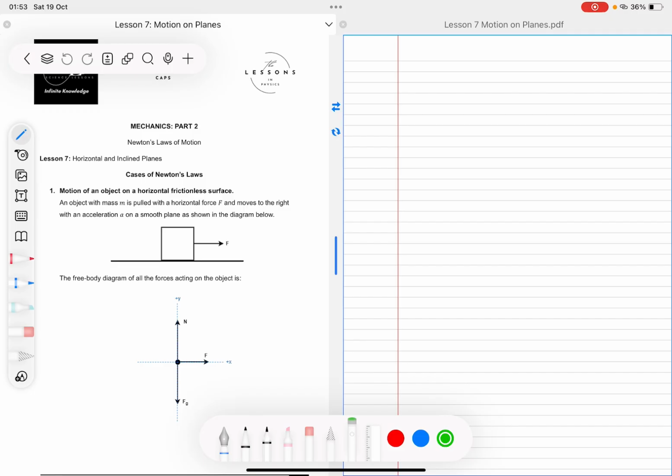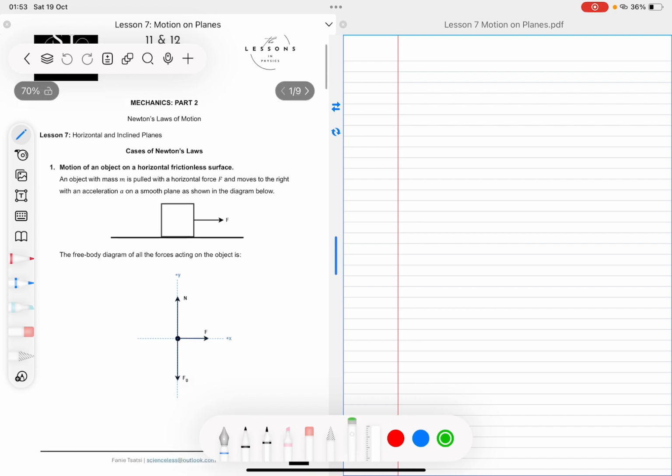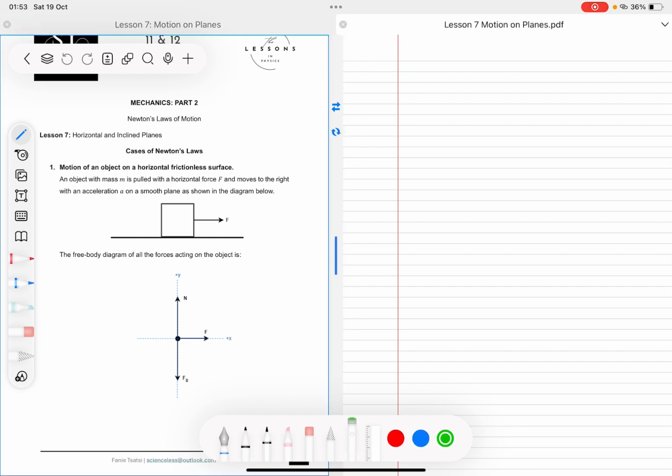In this lesson, we'll go through different cases that will be important for solving Newton's laws problems. The first case would be the motion of an object that is subjected to a force F. So this object is pulled by a force F and has a mass M along a horizontal frictionless surface.